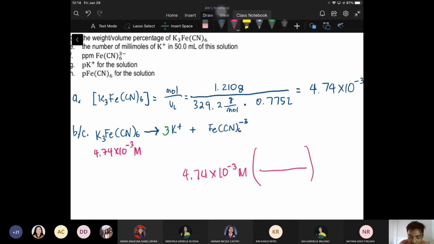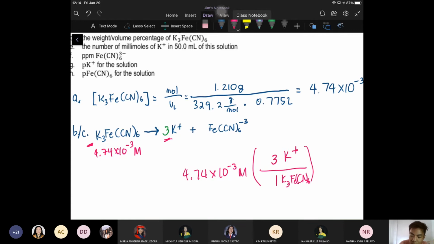Ito K3Fe(CN)6. Ano yung nasa taas? Yung K plus. Ito yung gusto mo kunin eh. Then, kopyahin mo yung coefficients niya. So, for K plus, that is 3. For K3Fe(CN)6, that's 1.